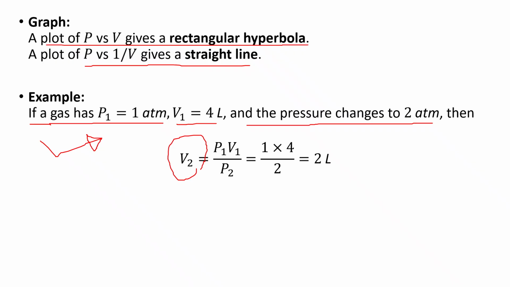P1 V1 equals P2 V2. So 4 into 1 divided by 2, your final volume at state 2 is 2 liters, as per Boyle's law.